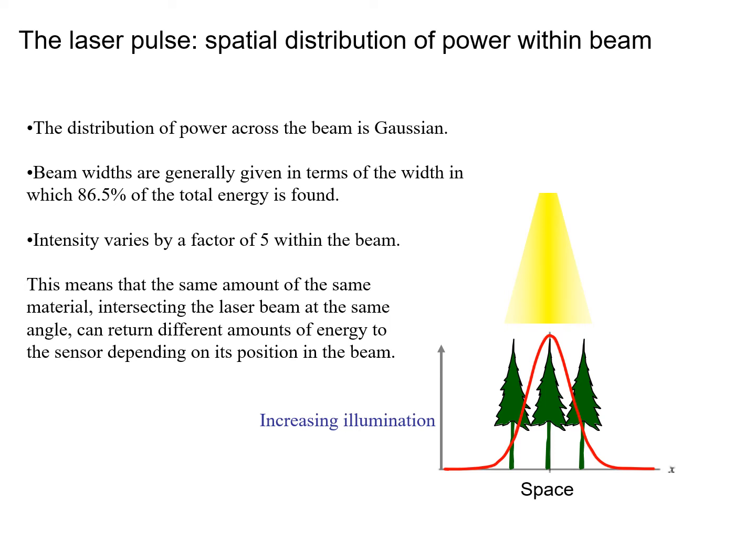So when they tell you it's a 1 meter beam width, actually there's some energy that falls outside of that limit. In fact, there's 13.5% of that energy. This means that the same amount of the same material intersecting the laser beam at the same angle can return different amounts of energy to the sensor depending on its position in the beam. If you have a small object in the center of the beam, it's going to return more energy than if it's somewhere near the edge of the beam.